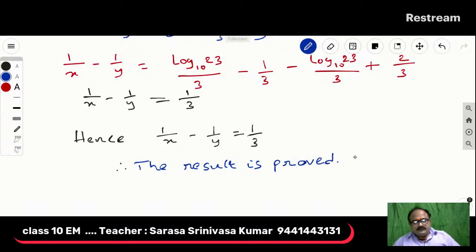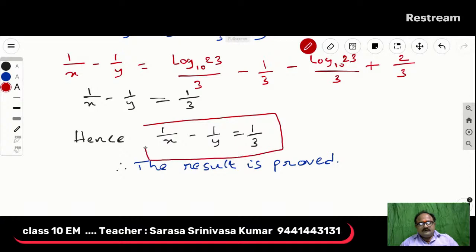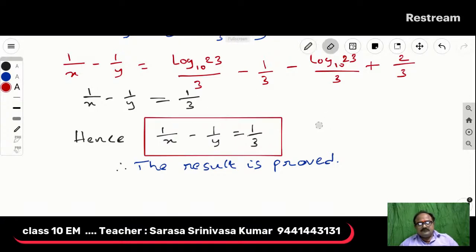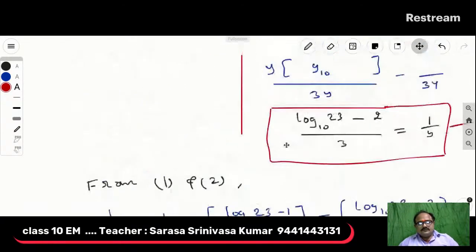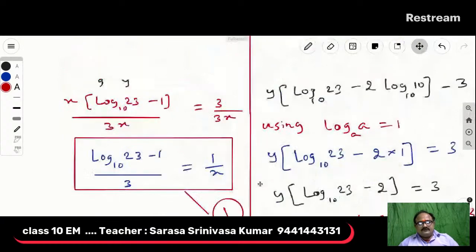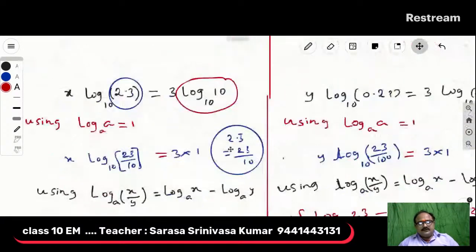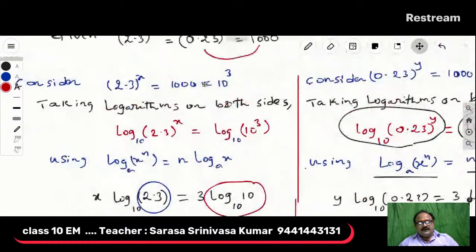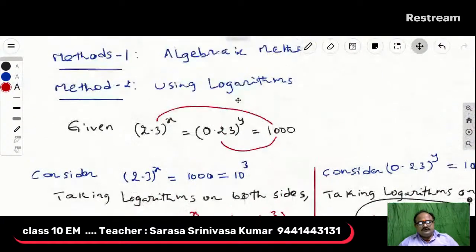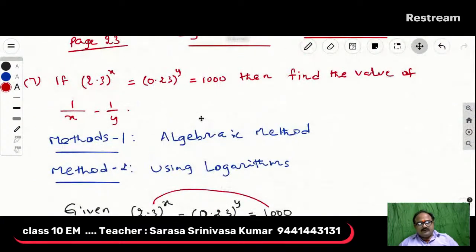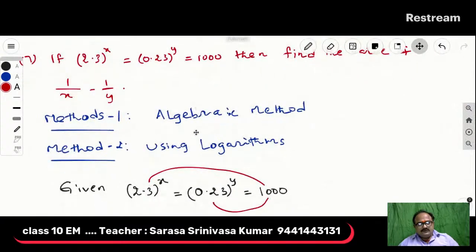Let us discuss this concept briefly. In the previous class, we discussed the algebraic method to show that 1 by x minus 1 by y equal to 1 by 3.